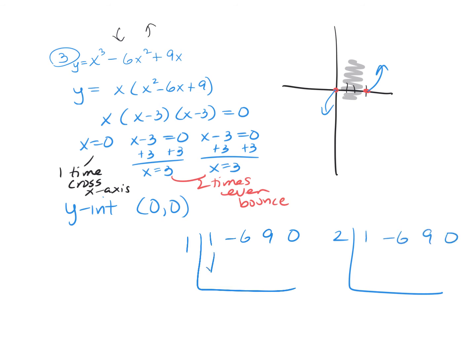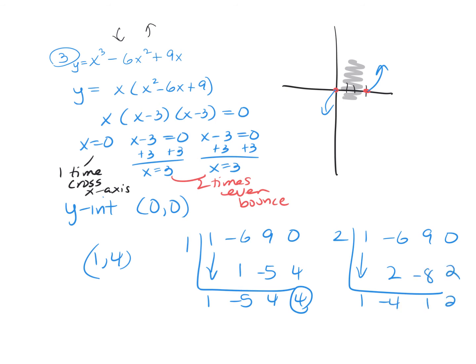So now I'm going to bring down the 1, multiply, add the column, multiply, add the column, multiply, and it's got a remainder of 4. So 1 comma 4 is an ordered pair I'm going to graph. Then I'll do the same thing for 2, bring it down, multiply, add the column, multiply, add the column, multiply, and another ordered pair I can graph will be 2, 2.